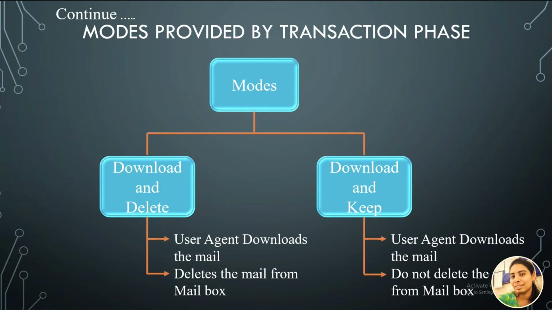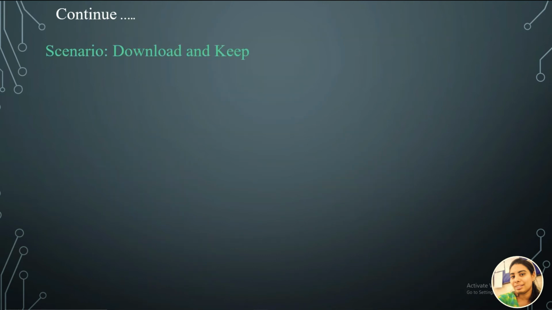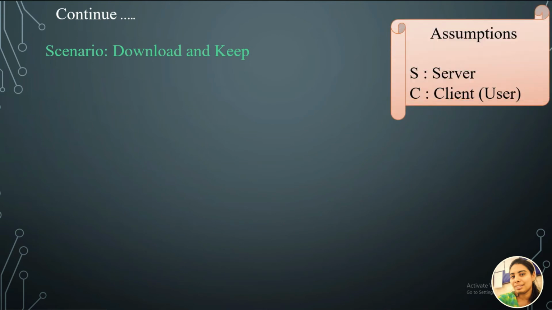So now let's understand the detailed scenario of both the modes with the help of the commands. So consider the scenario of download and keep mode. Before understanding the whole scenario, let's assume that here S represents the server and C represents the client.